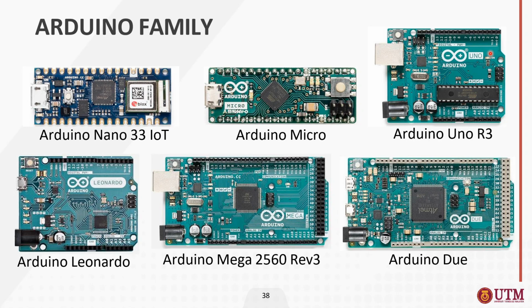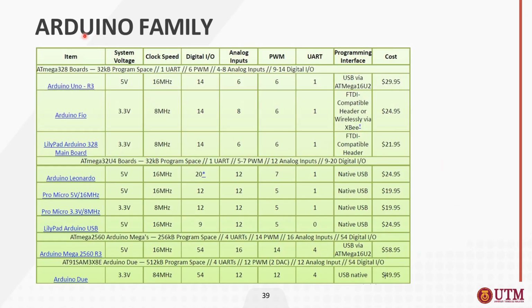If your application requires lots of I/O, you can use Arduino Mega. If your application requires a very high speed processor, you can use Arduino Due, because it uses an ARM based processor. All right, so this is the example of the Arduino family.